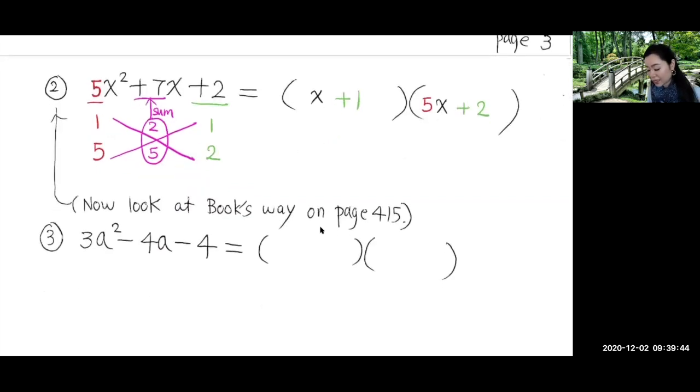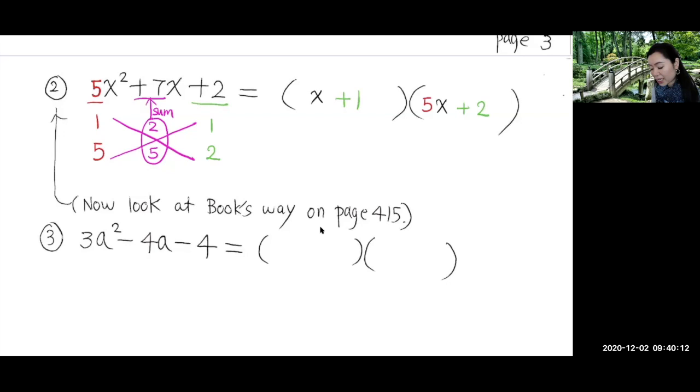So we got lucky that we got the right try in the first place. Now, some people will say, what happens if I cross multiply and they don't sum up to this? If that happens, you can try to switch the order, switch these two. You can try to put the 2 up and 1 down. And you can try to think of a different combination to factor this number.